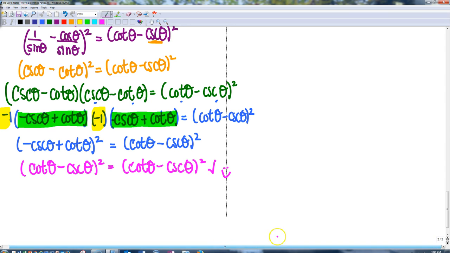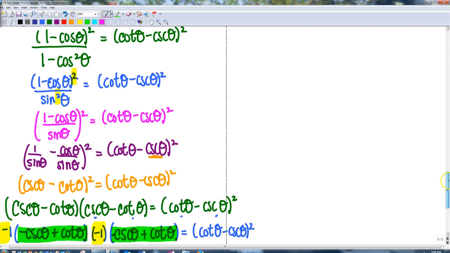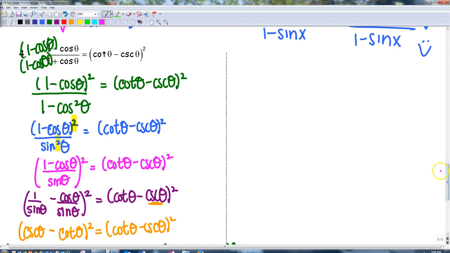Now let's come over to the right-hand side, and we are going to work with the right side. So I think the most obvious thing to do with the right side is to FOIL that. So let's start off by doing that. Make sure you rewrite the left-hand side for every step that you do.